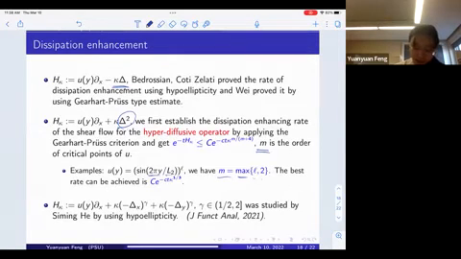Recently, Siming He proved that for H kappa written like this, u y partial x plus kappa times minus Laplacian x raised to power gamma plus kappa times minus Laplacian y raised to power gamma, where gamma can be some fractional number ranging from 1/2 to 2. This was studied by Siming He recently using hypocoercivity, and he gets some rate for the corresponding operator in explicit form.